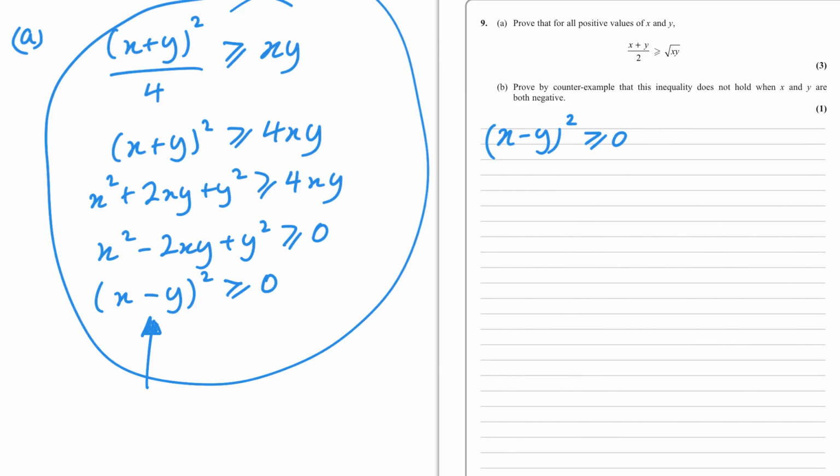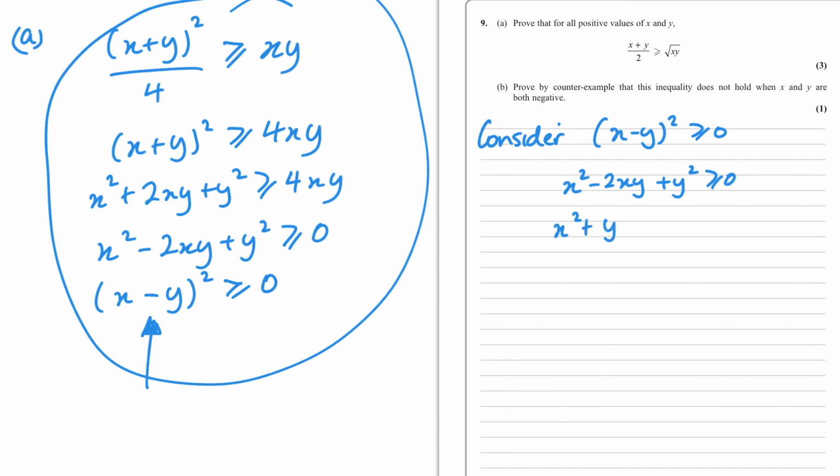That's how I need to start the proof. So I've just put in the word consider. Now I'm essentially working backwards from my notes earlier. So from this I will expand it. X squared minus 2xy plus y squared is greater than or equal to 0.